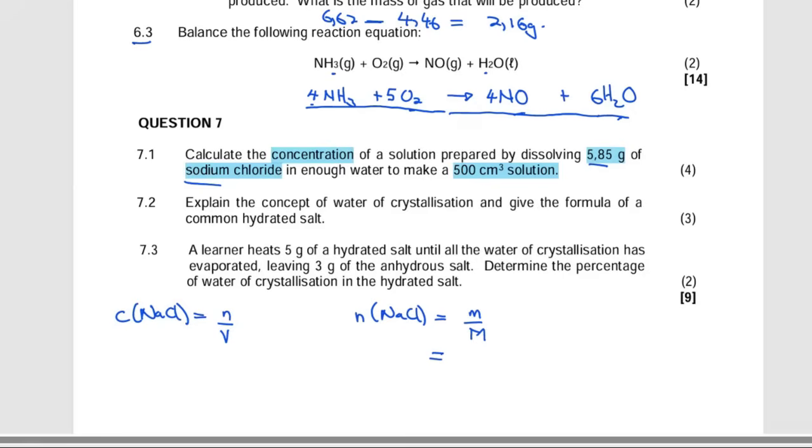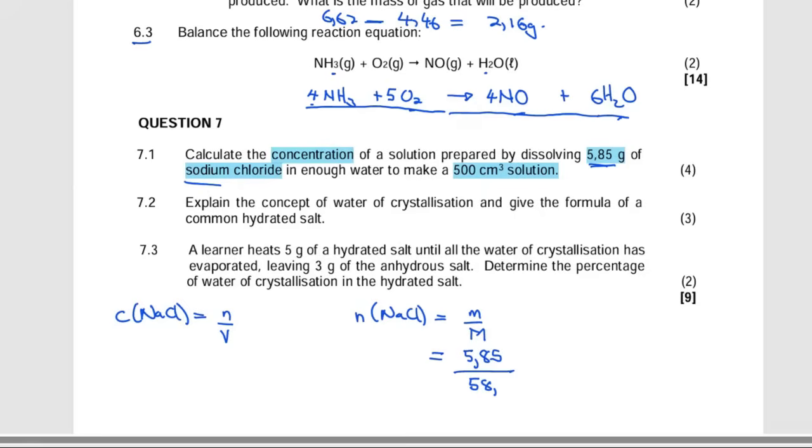Be wise in terms of that. Just copy the formula as it is. The mass that is given is 5.85, so it's 5.85 all over the molar mass of sodium chloride. Your sodium is going to be 23 plus 35.5. So I'm going to get a value of what?